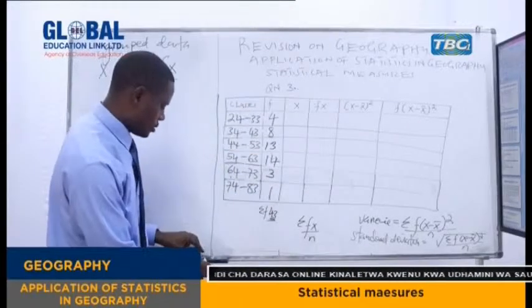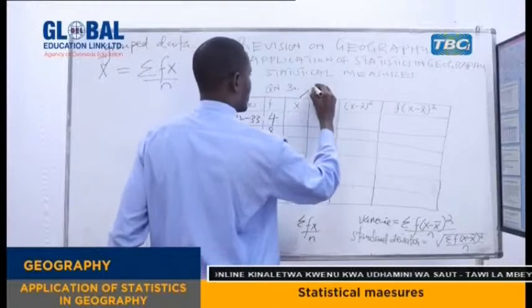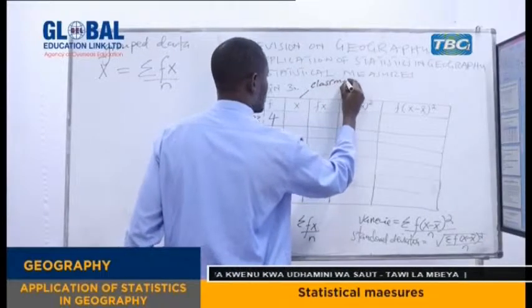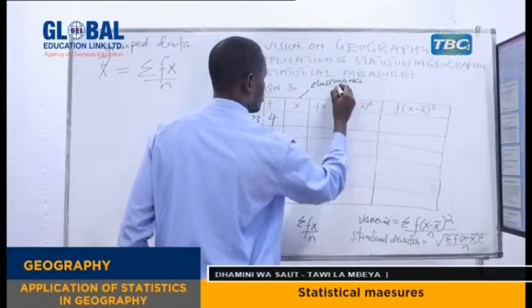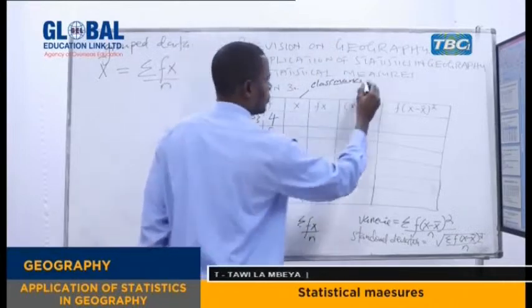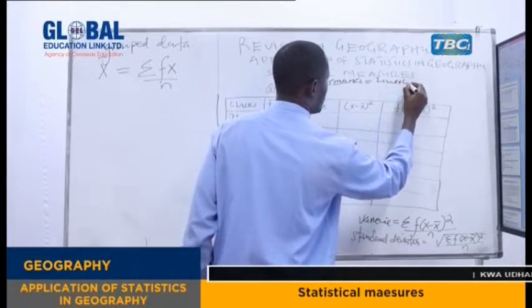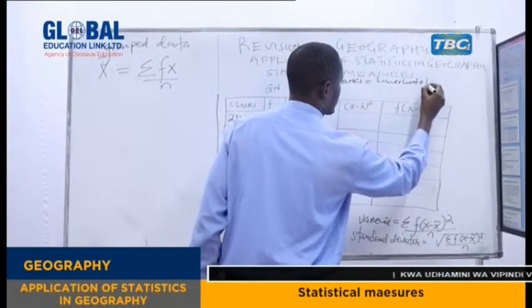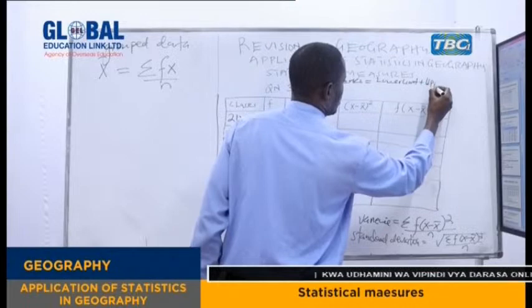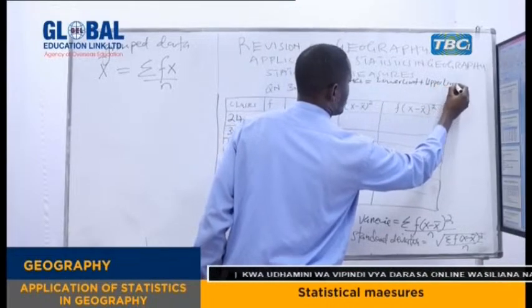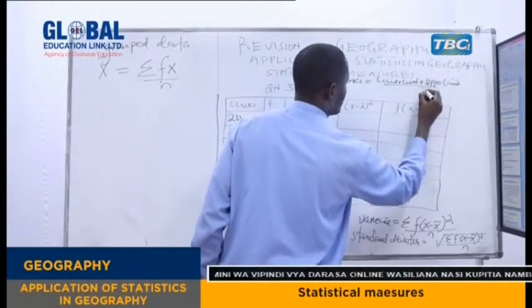For X, here we are talking about the class mark. Remember, as we did for the second question, it's the lower limit plus the upper limit, and then we divide by 2.